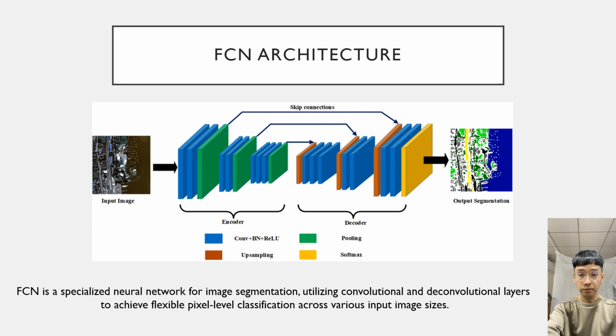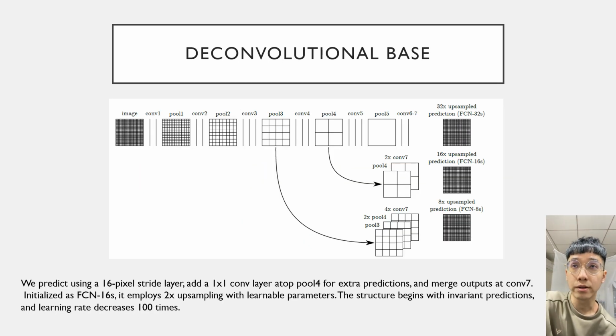There is another important thing called the deconvolutional network. It refers to a type of neural network architecture used in tasks like image processing and computer vision. It involves the use of deconvolutional layers or transposed convolutional layers, which work in the reverse direction of standard convolutional layers.